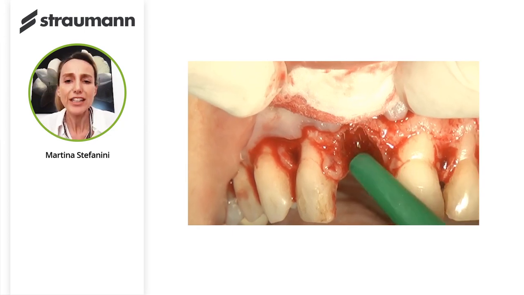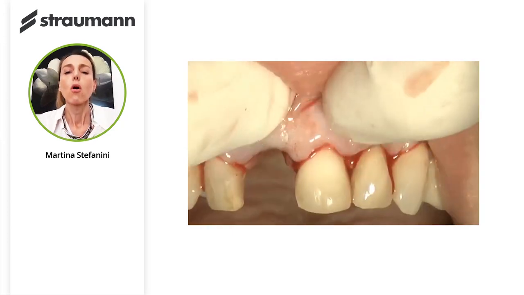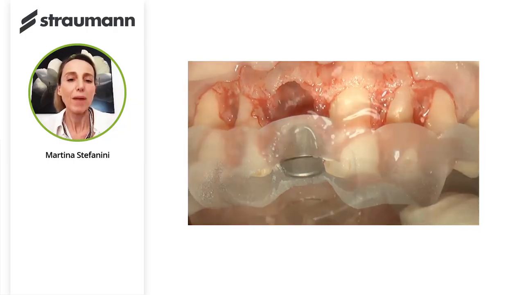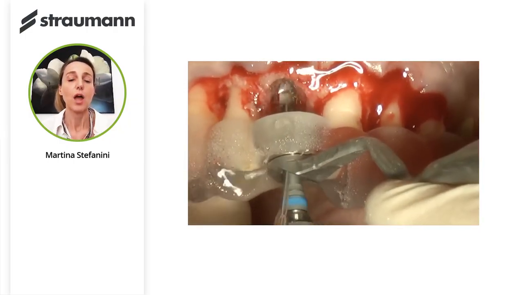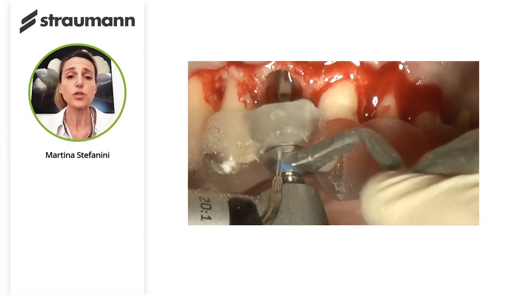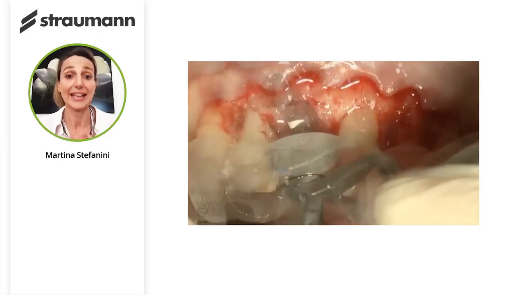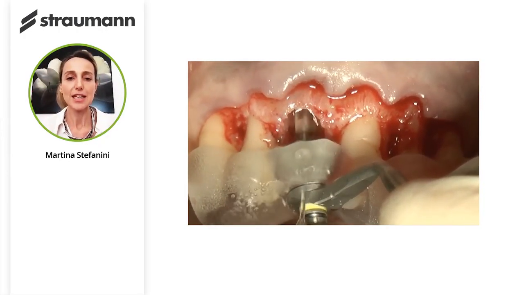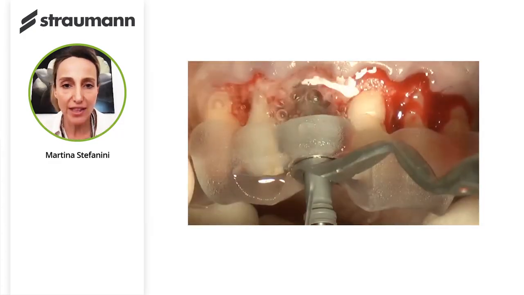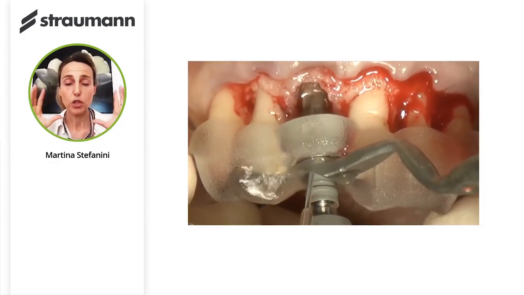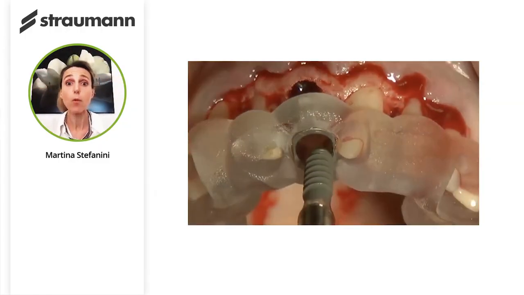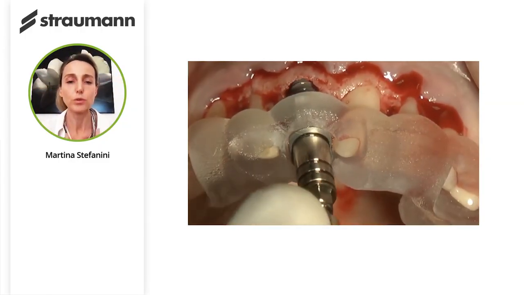So we elevate the flap because we want to extract the tooth atraumatically for the soft tissue. And we open the flap also if we place the implants in a guided way, because we want to see exactly where the buccal bone crest is, and because we want to position our connective tissue graft 1 millimeter more coronal with respect to the ideal position.